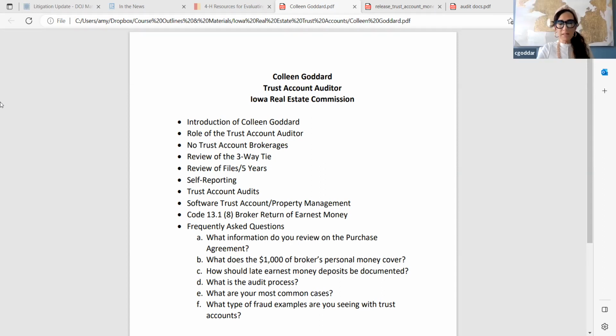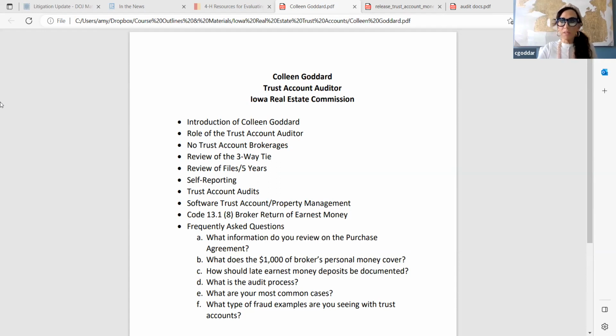Sure. And I did want to also jump in a little bit, before we jump into trust account, on what we do, what the role is of the auditor. We conduct audits all over the state of Iowa, and we also conduct audits in all the other states.